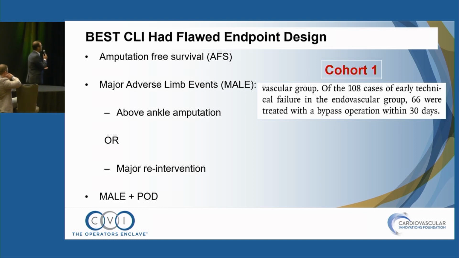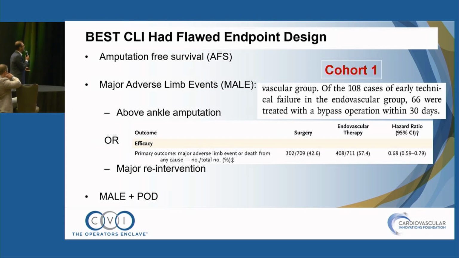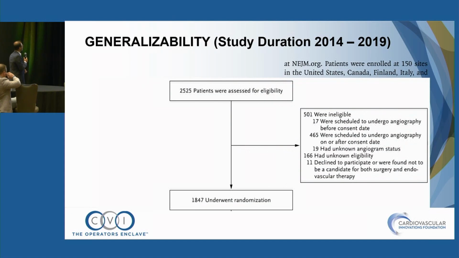Those were 108 cases. If you look at the primary endpoint of this trial, there were 302 events in the surgical arm and 408 events in the endovascular arm. The difference is 106. 108 patients never got the drug, were never able to be revascularized at the time, and all of those patients went for revascularization, and obviously that was an event.